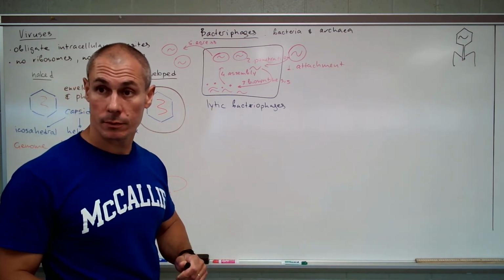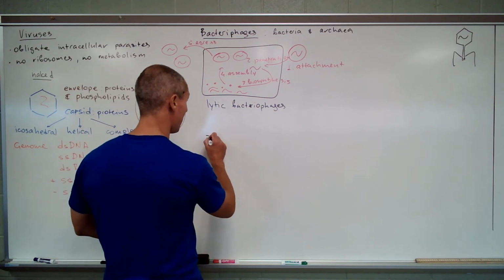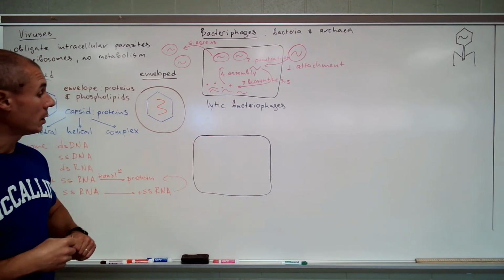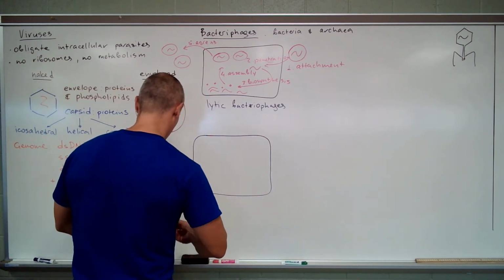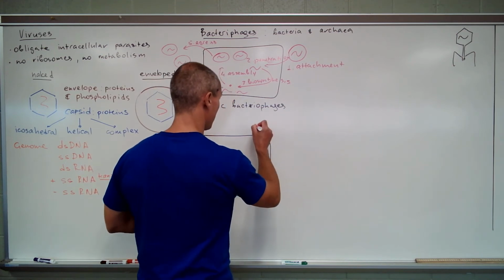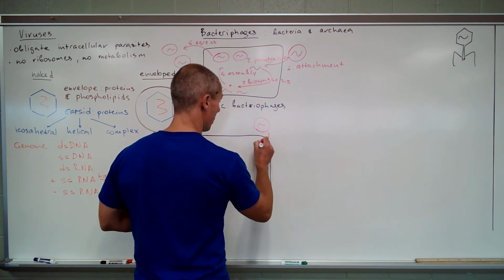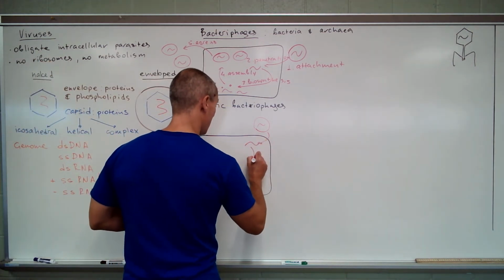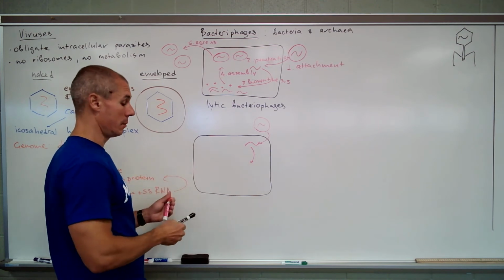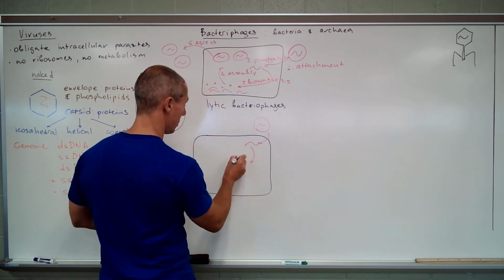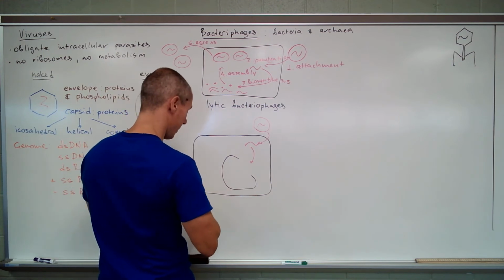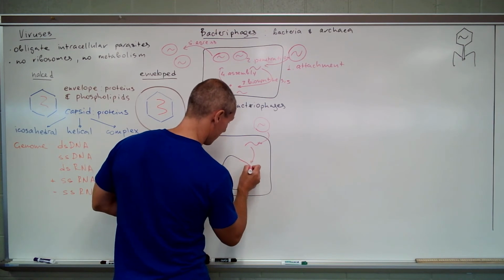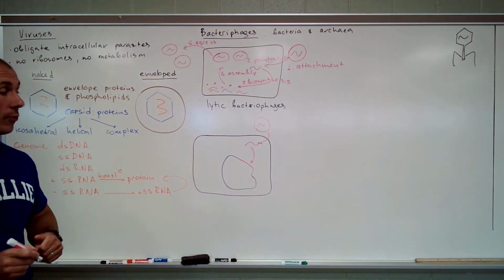Good? Second option, it's nothing complicated. We also discussed it when we talked about transduction. The second option is you have a bacteriophage that introduces its DNA into the cell, then the DNA gets incorporated into the bacterial chromosome in the form of a prophage.